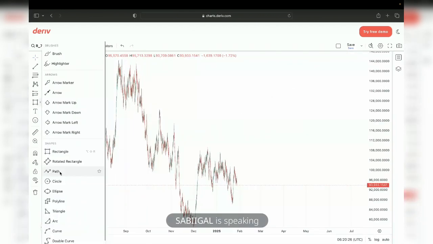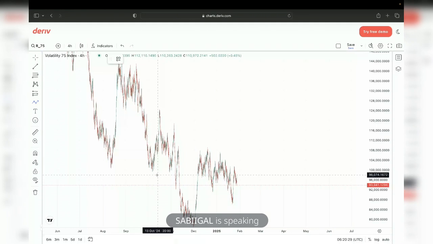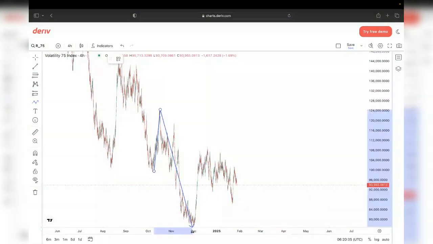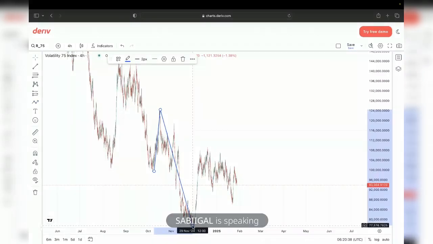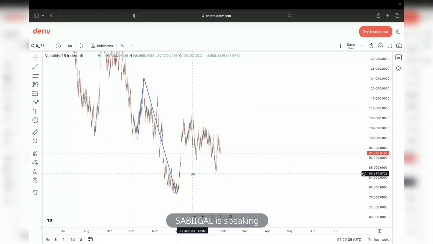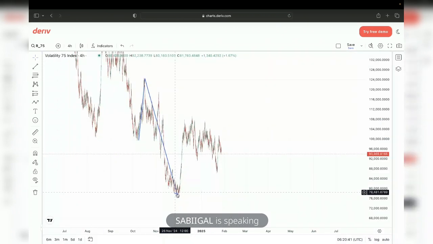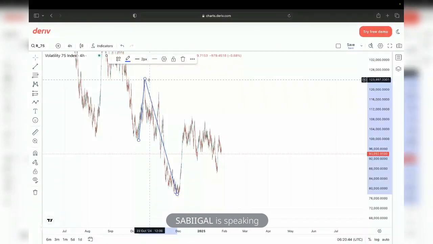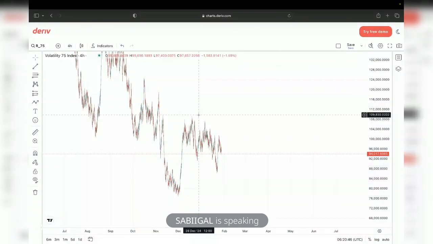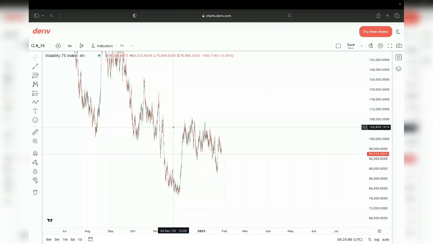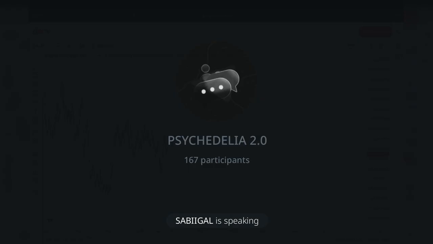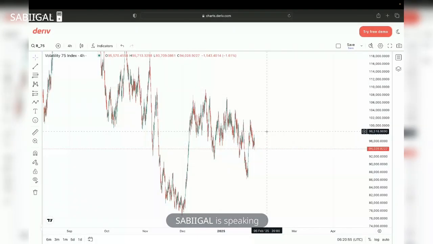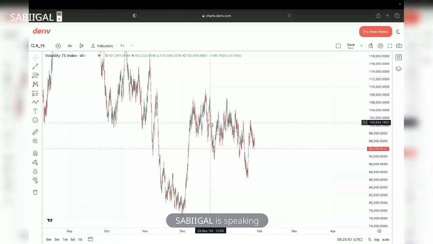So an obvious thing, this book structure should be with the, okay, I am yet to get a new strong high, the last that was created. So I think we had this consolidation, a ranging market yet to break a high or low.